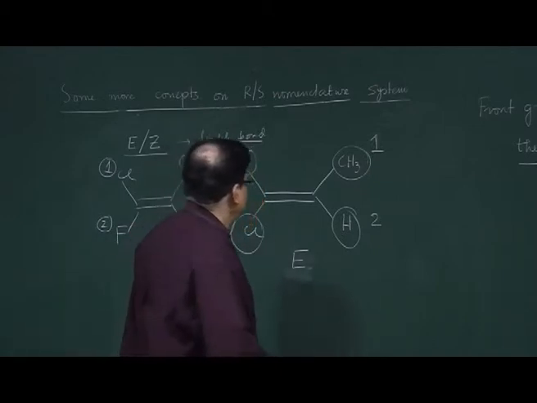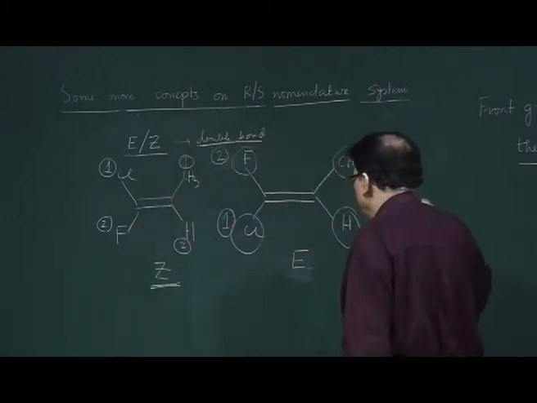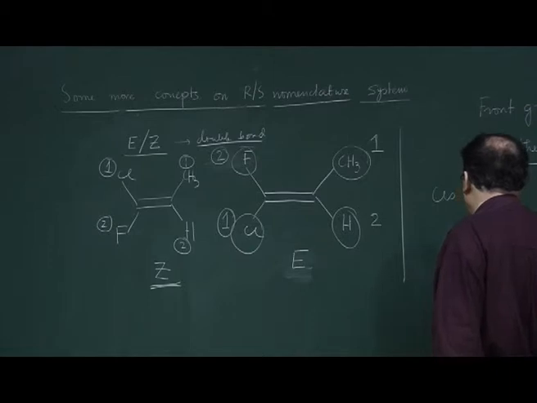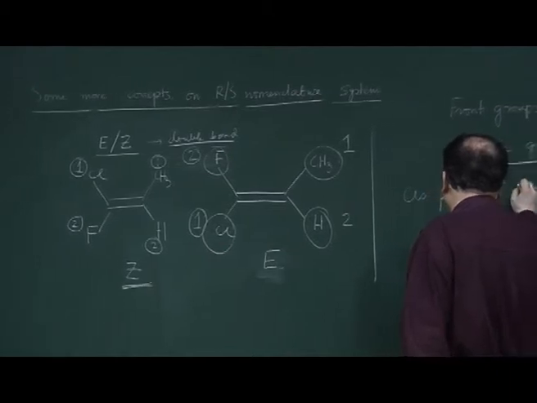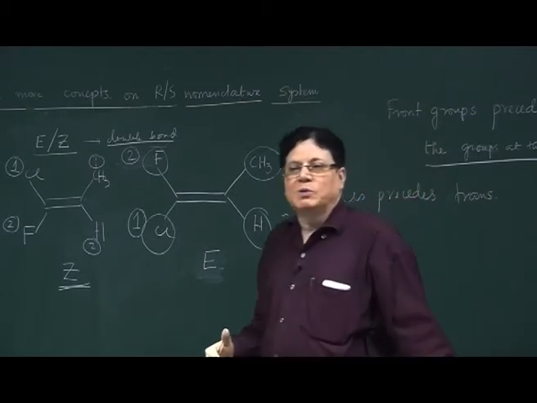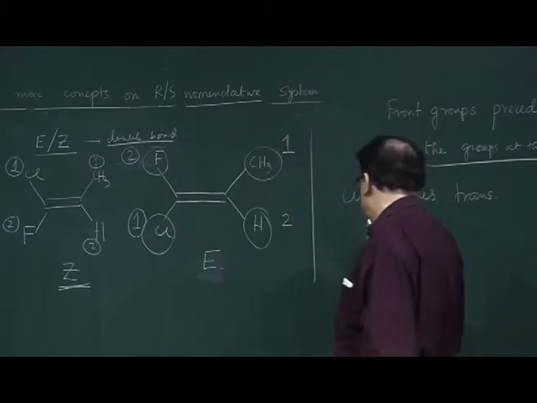Okay. So, this is the E/Z, and you remember the RS rule that cis precedes trans. So, if you have a scenario where you have to decide the priority between cis and trans, then cis precedes trans.